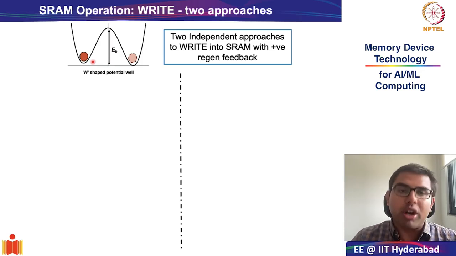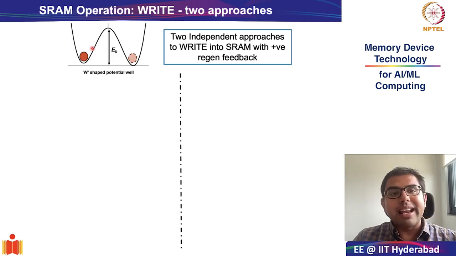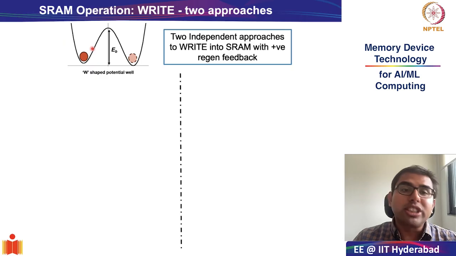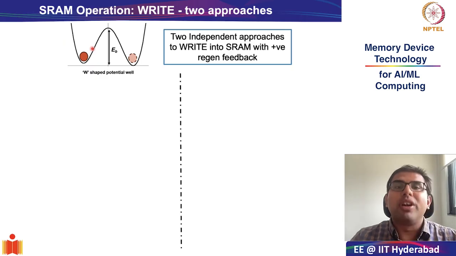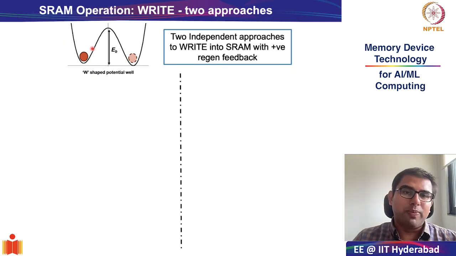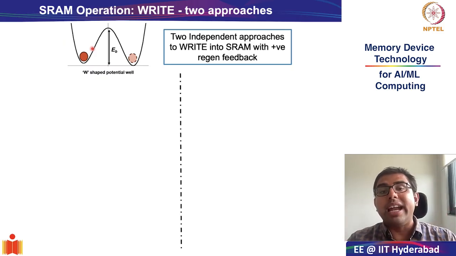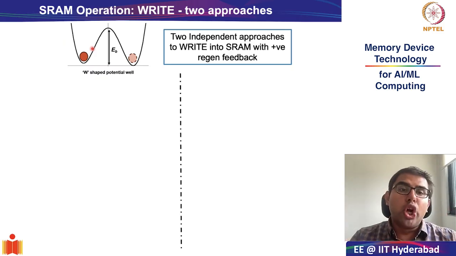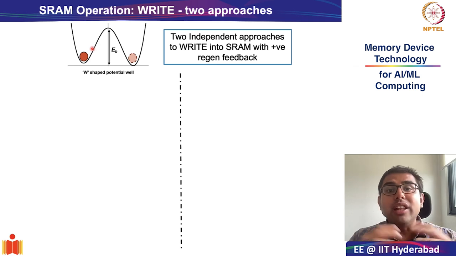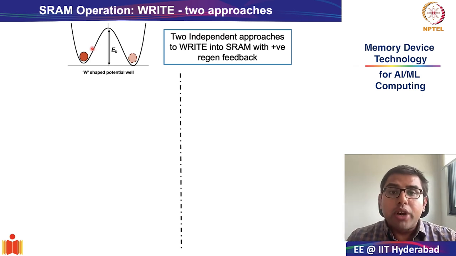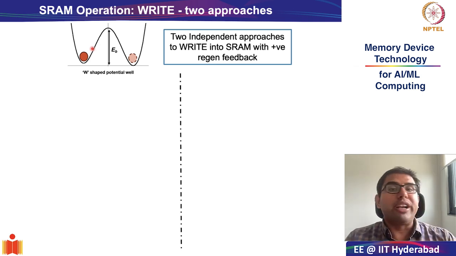You want to ensure that the SRAM cell, which is in one stable configuration, either in 1 or 0, is flipped to the other stable configuration. And as you can understand, there could be two very interesting and independent approaches to do write in the SRAM cell with positive regenerative feedback.